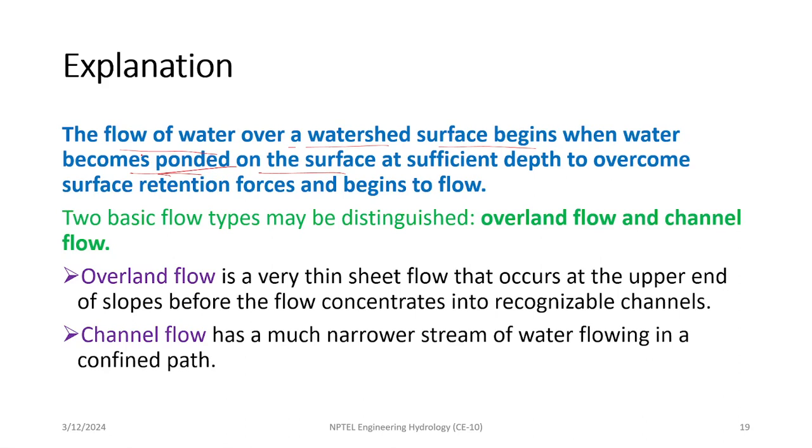Water is not infiltrated anymore, it is just getting ponded over the surface at sufficient depth to overcome the surface retention forces and begin to flow. Now overland flow and channel flow are both possible. Overland flow is a thin sheet flow. Channel flow is a narrower stream of water flowing in a confined path, so the overland flow of water gets accumulated in the channel flow.